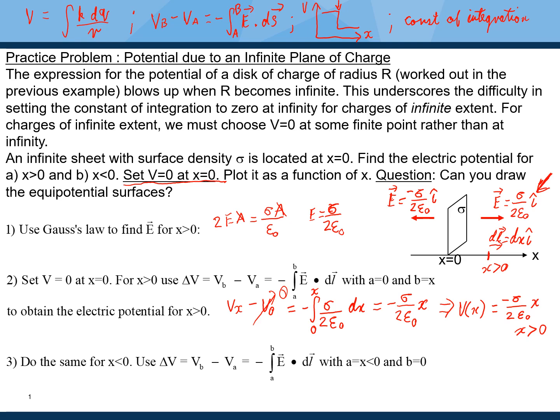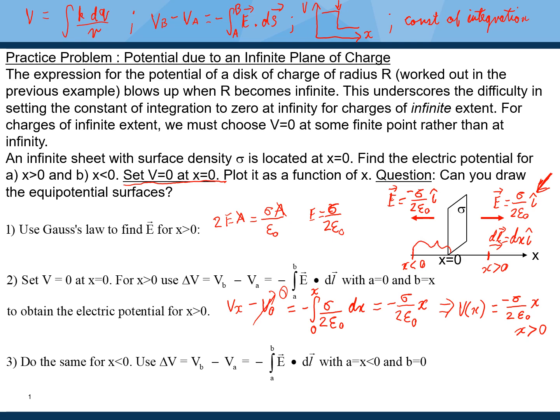Now, the situation becomes a little more intricate if we consider x less than 0. So let's consider a situation where x is less than 0. Now we would like to integrate from x less than 0 all the way up to x equal to 0.